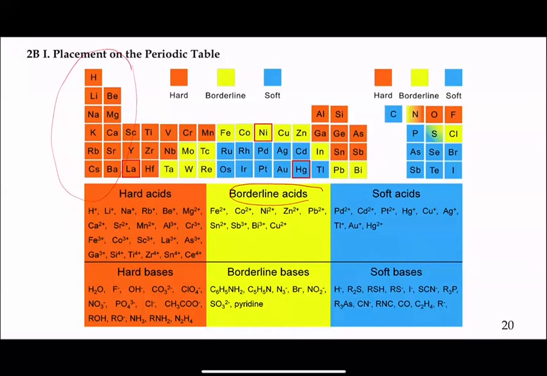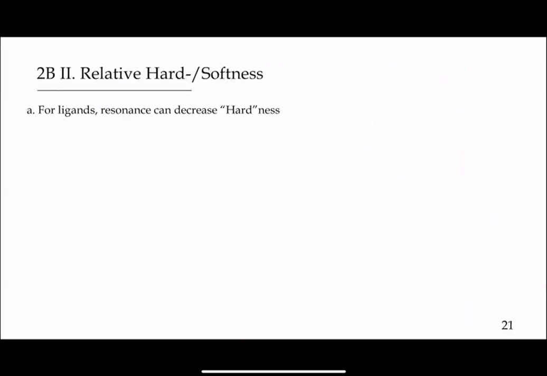You can see over here, iron 3 plus is hard versus iron 2 plus being something that is sort of borderline or intermediate. And then over here, those things that are soft, based on the polarizability of the species. So this gives us a better perspective of how we can pinpoint what's going to be in one of these categories. So let's look at it a little bit more in depth.